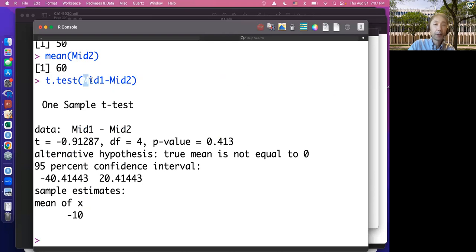So t.test only takes one input in this case, but it returns a complicated object, which includes many numbers such as the t-statistic, degrees of freedom, p-value, maybe the confidence interval, the mean of the difference, and so on.